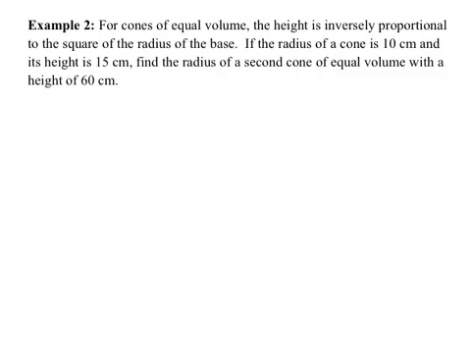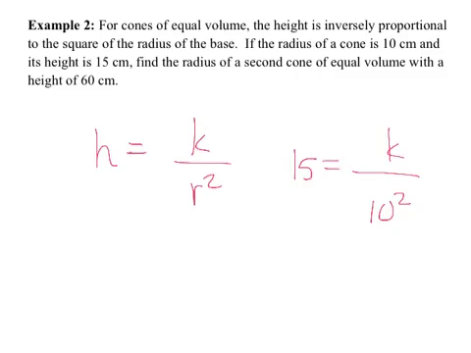Example 2 says, for cones of equal volume, the height is inversely proportional to the square of the radius. So r squared now instead of just r, as the base radius. If the radius of the cone is 10 centimeters and the height is 15, alright, so right away, height is 15, base radius is 10, we'll solve for k here.